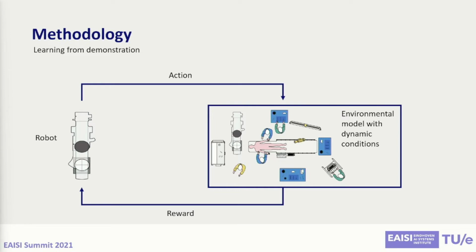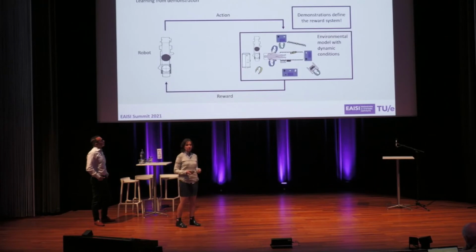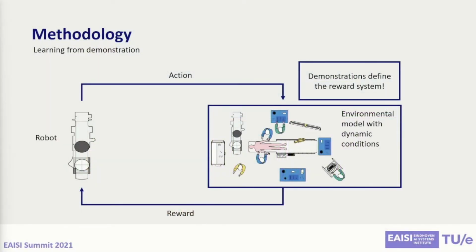Now, to reward or to punish the robot's actions, we need to define a reward system. And in this case, demonstrations from users might complement the definition of a reward system in order to enable the robot to learn. And that is what we are addressing in a project in which a PhD student is involved.